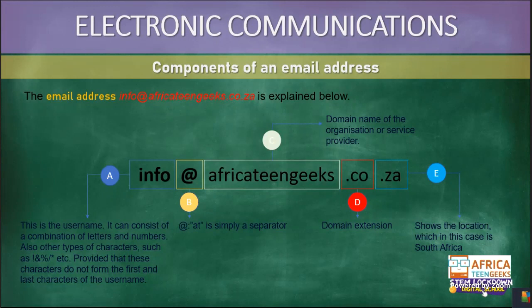Now, these are the rules. It can consist of a combination of letters, A, B, C, up to Z, and numbers. Also other types of characters such as the exclamation mark and percentage and all these etc. They can also be included, provided that these characters do not form the first and last characters of the username.